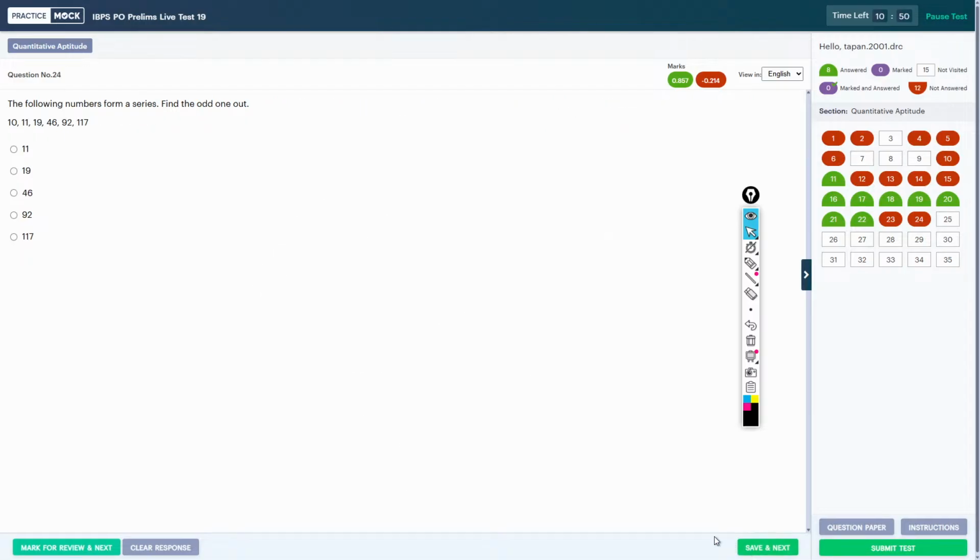So 1, 8 cube, 27. Then 64. No, would have been 60. It should have been 90, or rather 100, right?